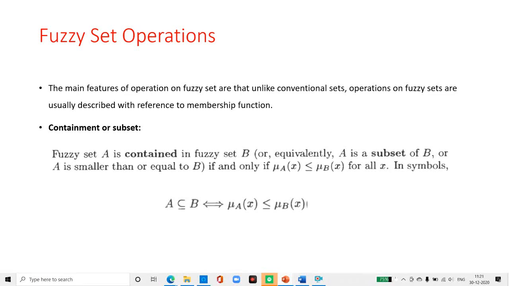So when I say operation, I do not deal with the member itself, but I manipulate the membership of the member in a set A. So the members are not manipulated, rather the membership function of the member is manipulated. This is very important: x and mu of x. So x is a set and mu of x is the membership function for the particular set x.